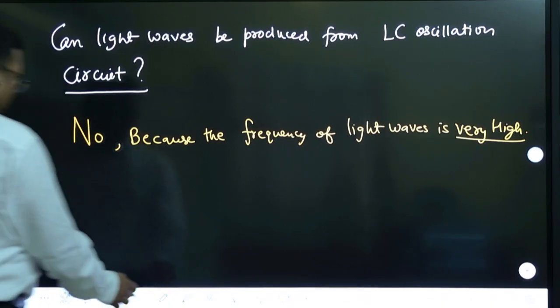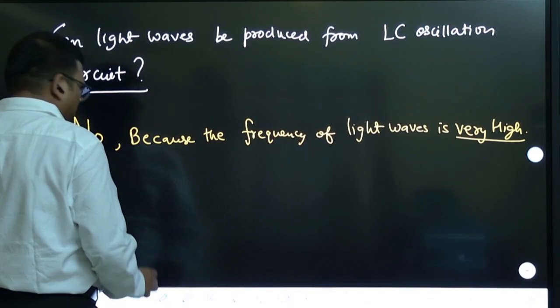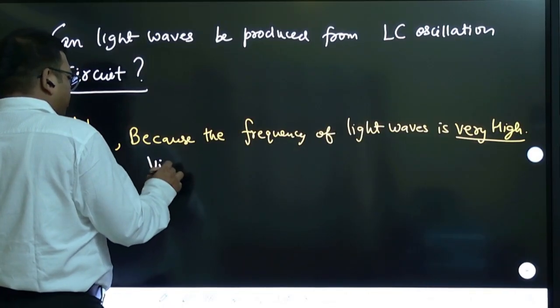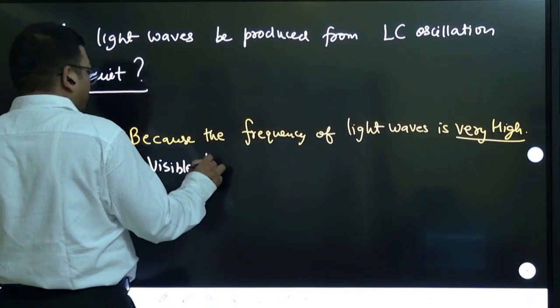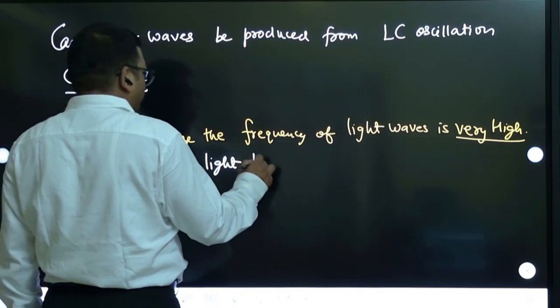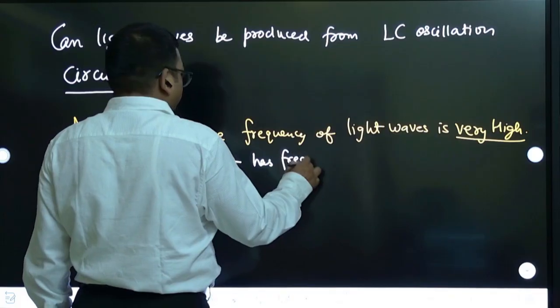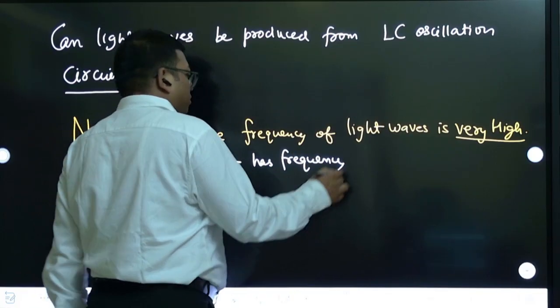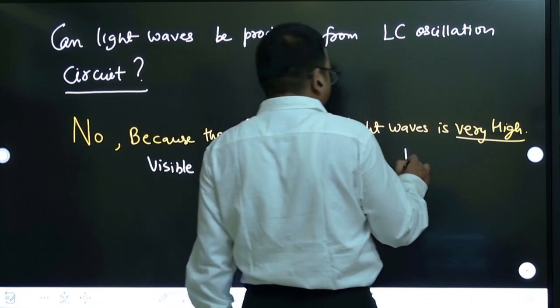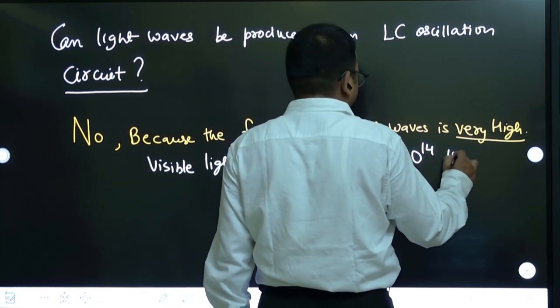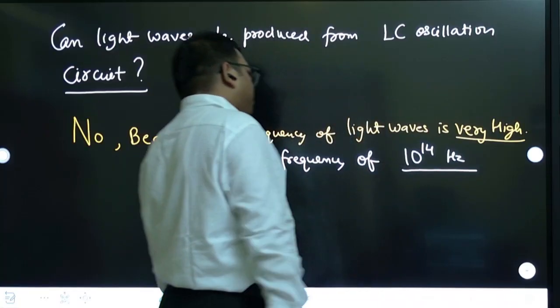Visible light has a frequency of 10 to the power 14 hertz. Very high frequency.